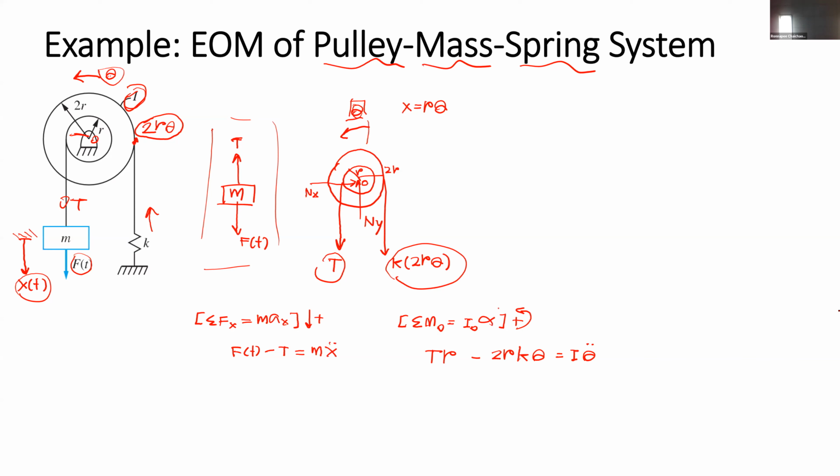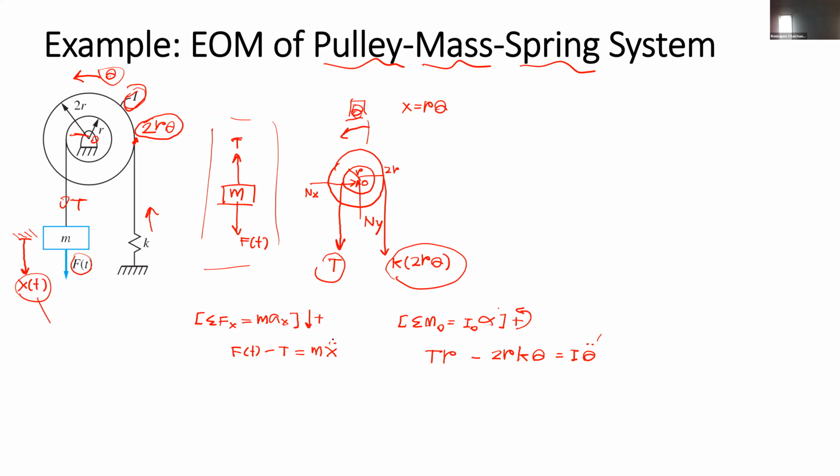What we can see here is that deriving everything in the x coordinate or in the theta coordinate is arbitrary. In this case, we're going to derive in terms of x first.